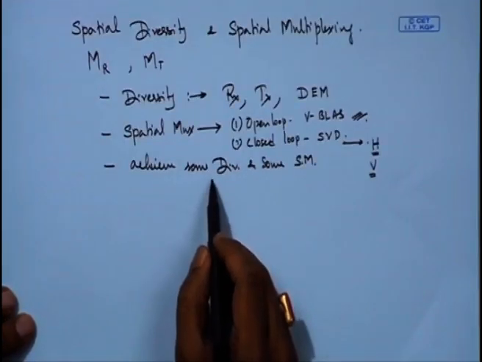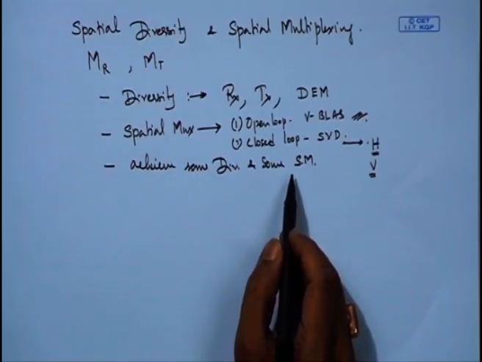It is quite elaborate, and you can easily go through it now that you are trained in diversity and multiplexing independently. But we will at least show how you can achieve both simultaneously when required. So, you could achieve some aspects of diversity, some aspects of multiplexing.